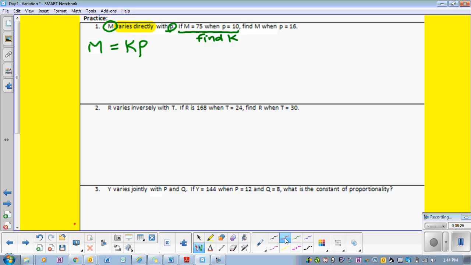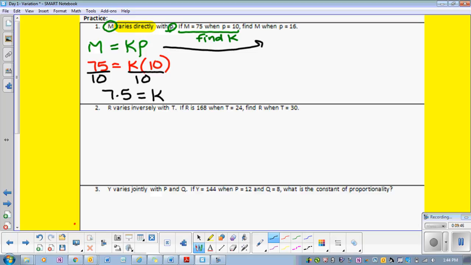So we have 75 equals K times 10. Well, you solve for K by dividing by 10, and you get 7.5 equals K. Okay. So then now you need to take your original equation, M equals 7.5P, and plug in your K. Now, this last part, find M when P equals 16.